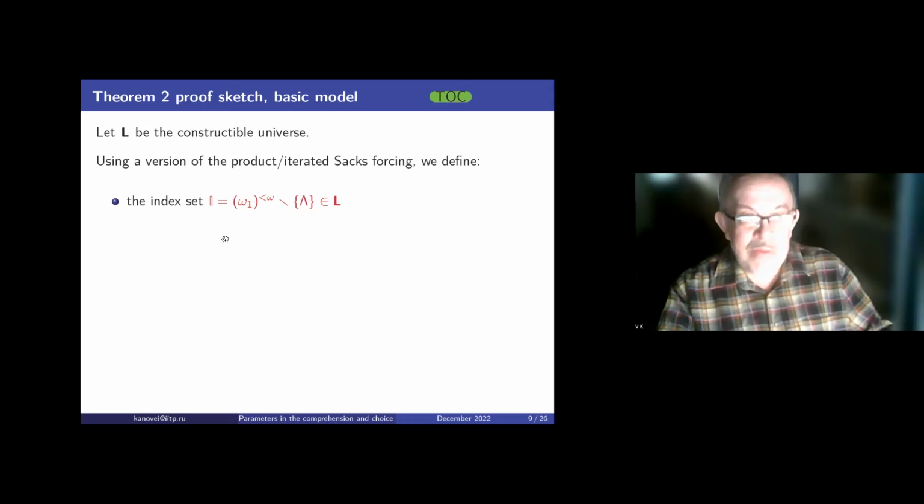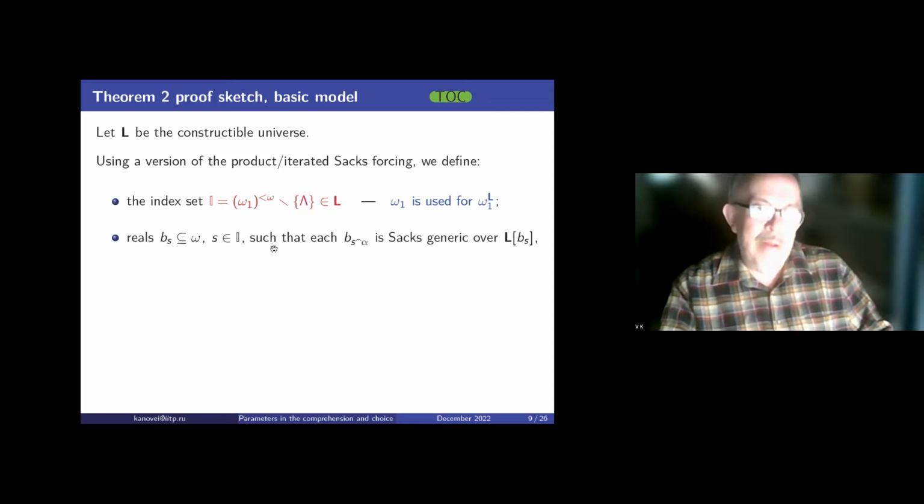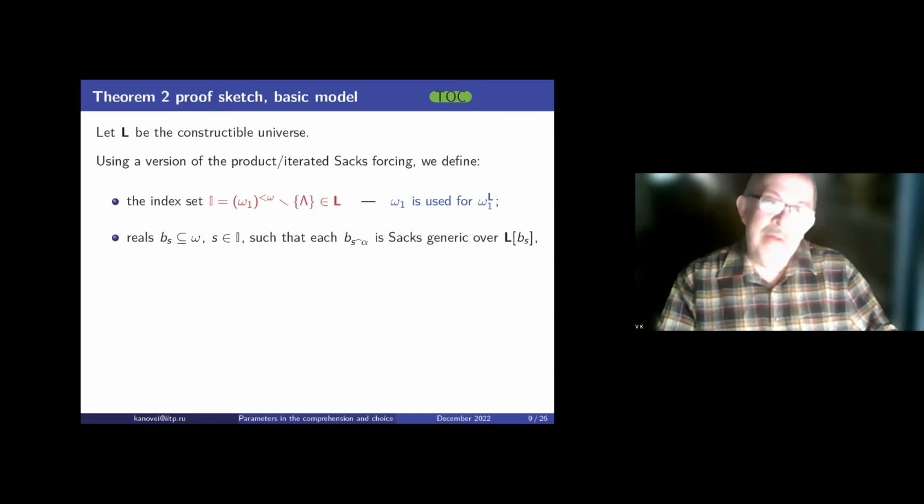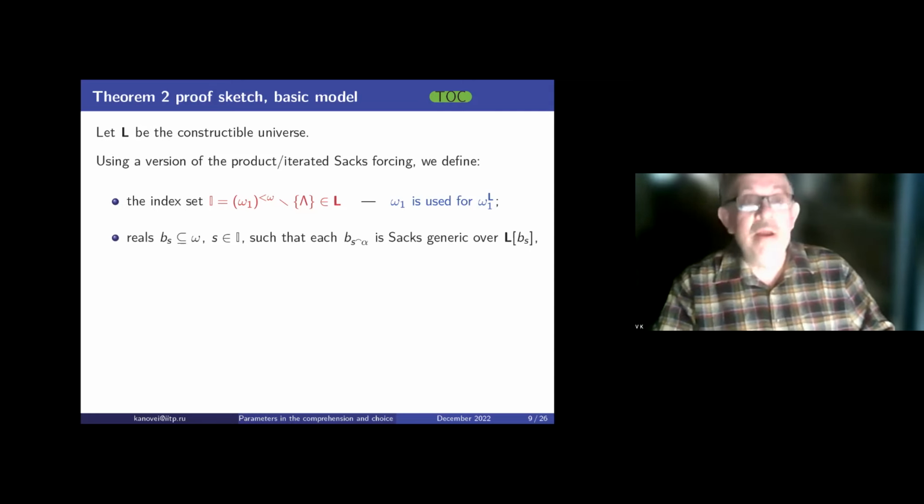Just tuples of countable ordinals. We define this in L, so omega 1 is omega 1 of L. And then an array of generic reals which are indexed by tuples from this index set.